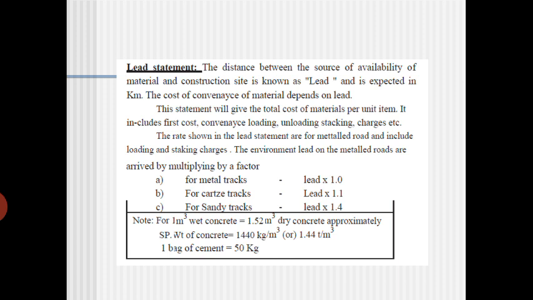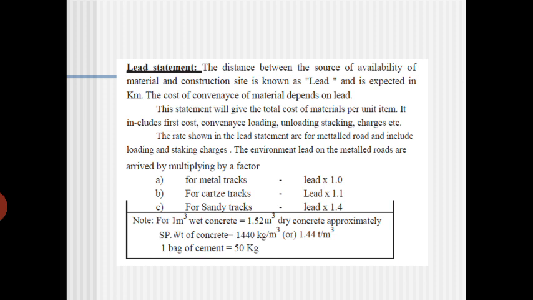Of course, for sandy track roads, for example sand with gravel, without provision of asphalt or tar, it is not a pavement work, so the petrol or diesel consumption will be more compared to all those. So when you are taking this lead statement or lead, you have to consider the PWD SR rates.